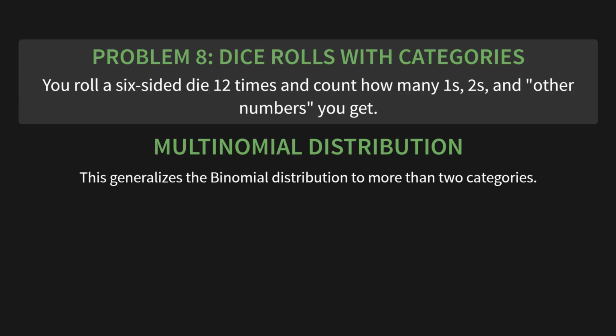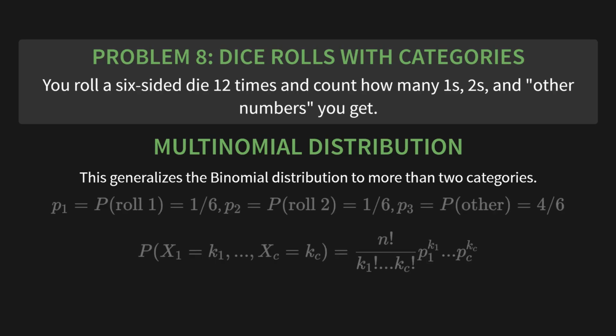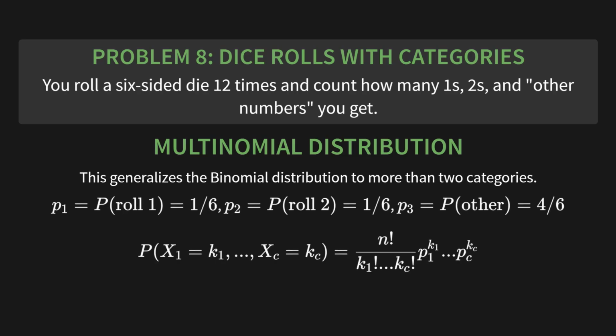It's basically the big brother of the binomial distribution, handling more than 2 categories. Here our probabilities are p1, the probability of rolling a 1, is 1/6. p2, rolling a 2, is also 1/6. And p3, rolling other, is 4/6. The formula looks a little intense, I know, but it's just counting all the combinations and multiplying by their probabilities.